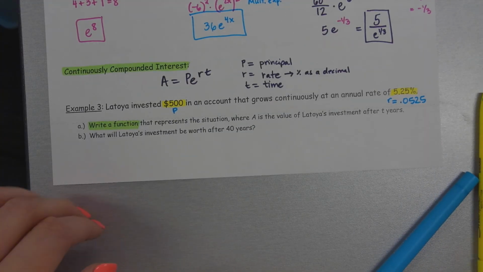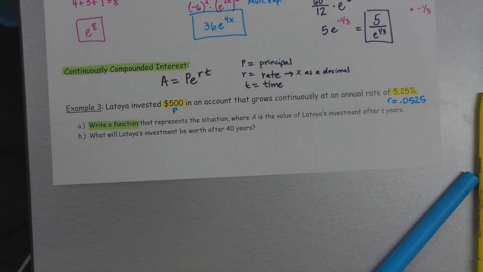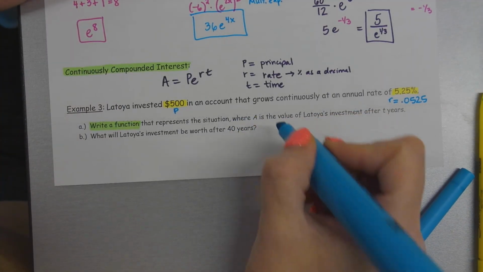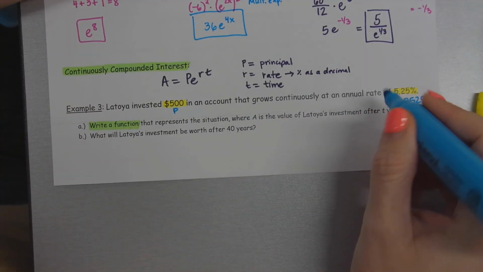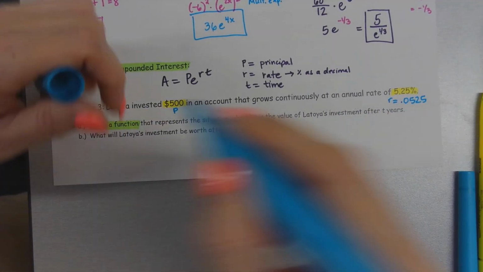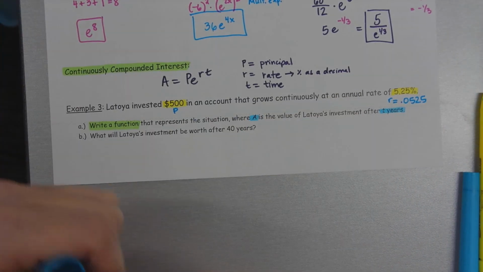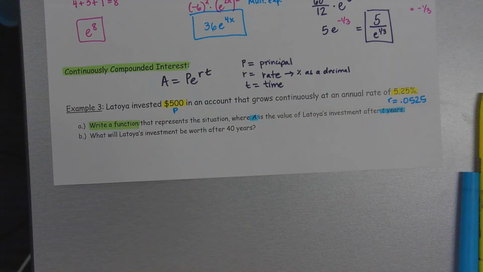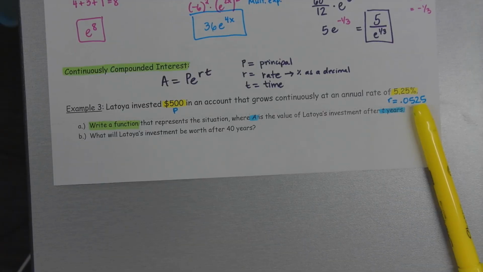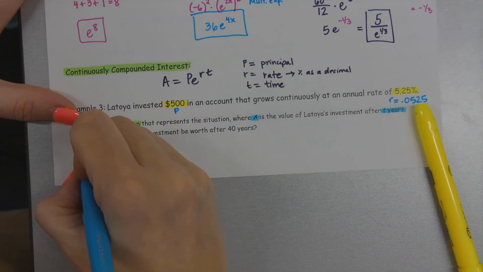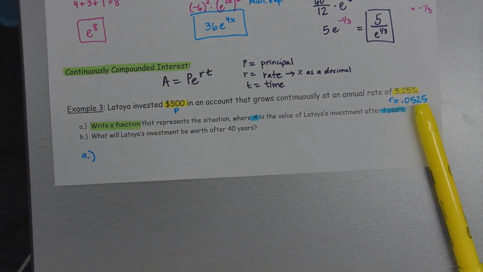And when you're writing a function, it says A is the value of Latoya's investment after t years. So t years and A, those are going to be the 2 variables that you are going to see. Okay, so if you haven't already, I want you to write that function for part A.